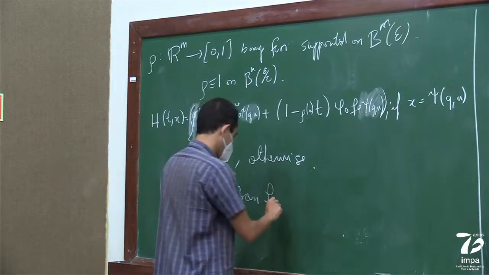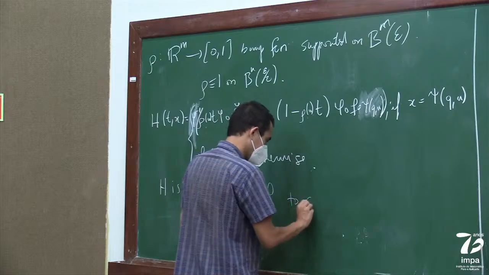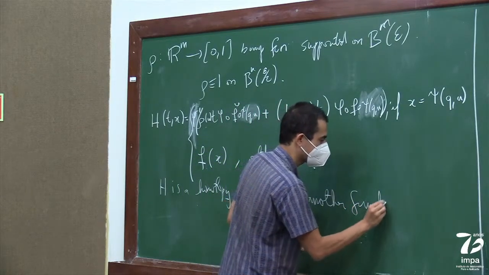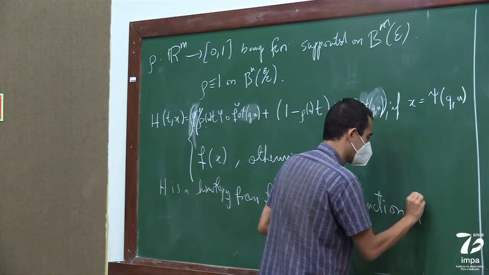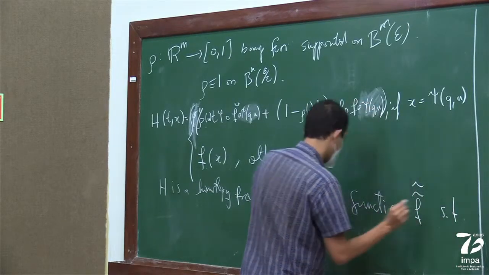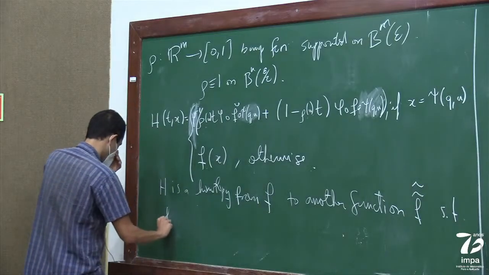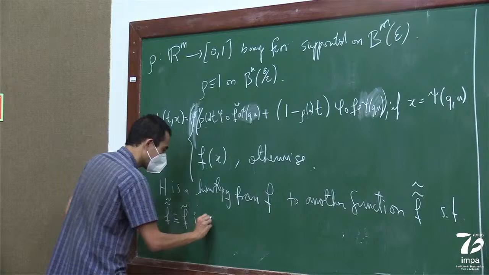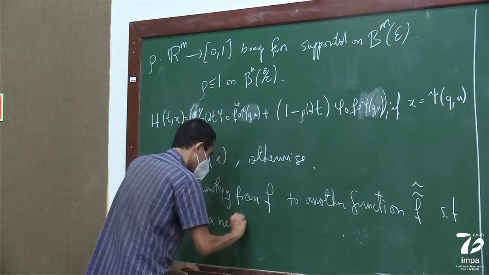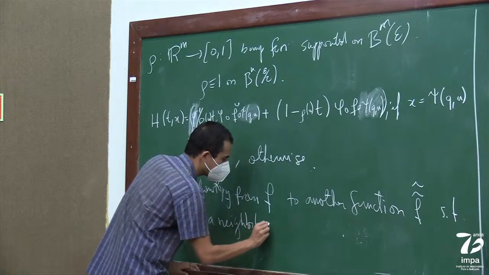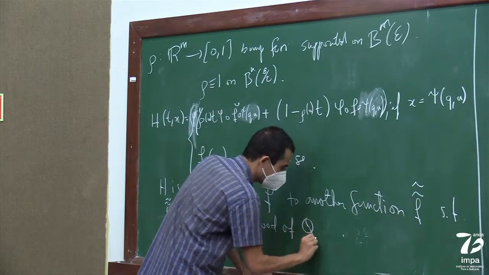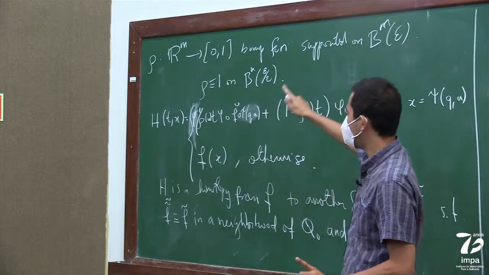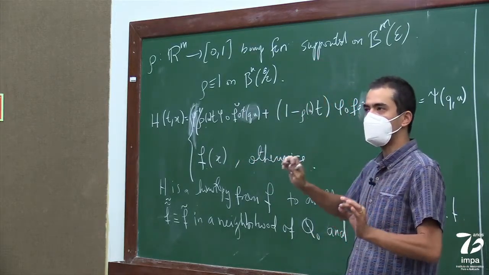So it connects f to another function that I'm going to call f tilde tilde, such that f tilde tilde coincides with f tilde in a neighborhood of Q0, and it doesn't hit A anywhere else. So that's actually very important.